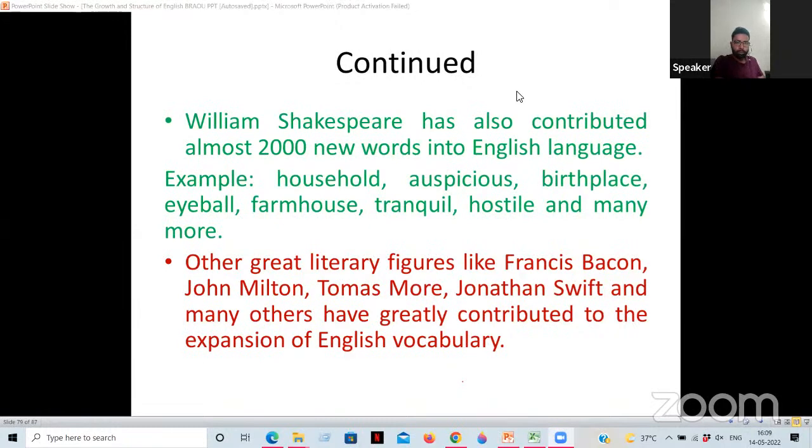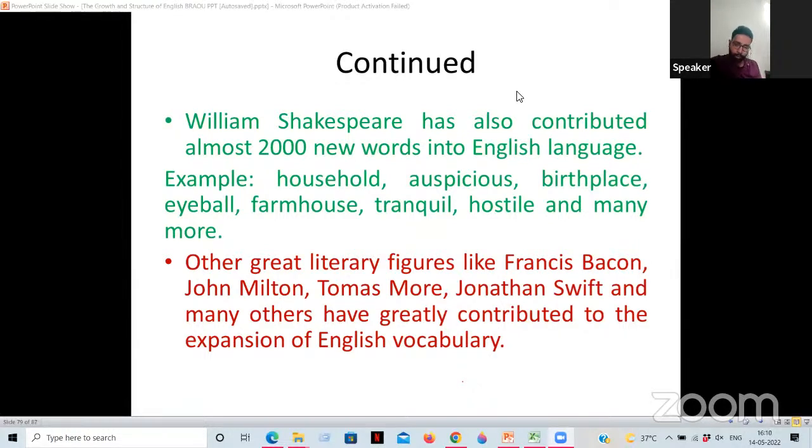Thomas More is one of them because the word that we are nowadays using, utopia, came into currency with Thomas More because he wrote a book called Utopia, and from that book, this word came into existence. Jonathan Swift wrote Gulliver's Travels. You might have watched the animated movie as well.